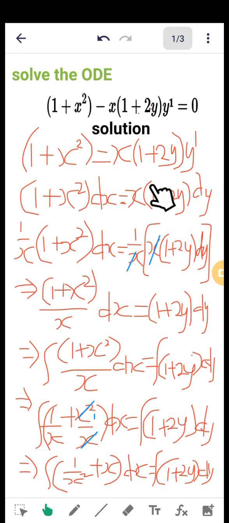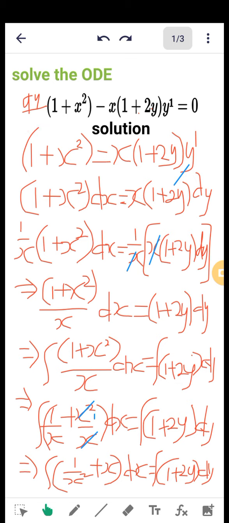I did this because my y prime, the arrow here showing the y prime, that's the derivative, can be written as dy on dx.